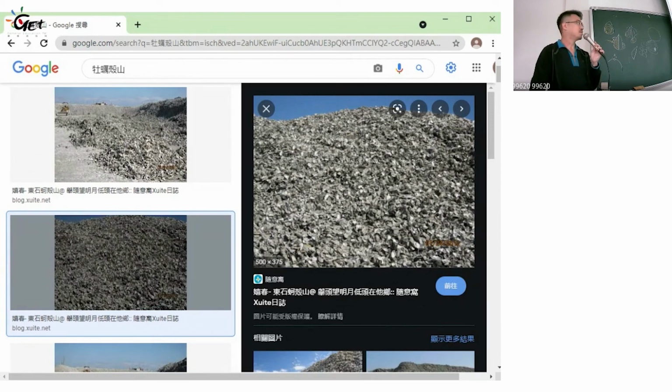Yes, we use fire. We burn them. They become ash, right? But the calcium still remains. The major component is calcium carbonate. The carbon dioxide will release into the air, but the calcium will still remain as ash.